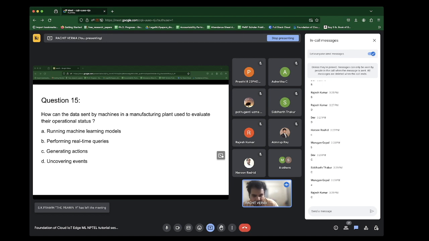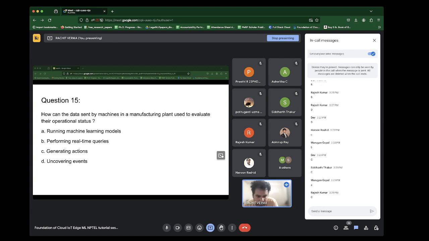But what would you do to the data? You can either perform a machine learning model, or you can perform real-time queries on it. The eventual result of that would be you would uncover an event. But what you would actually do to the data is you would run a machine learning model, or you would perform real-time queries on it.